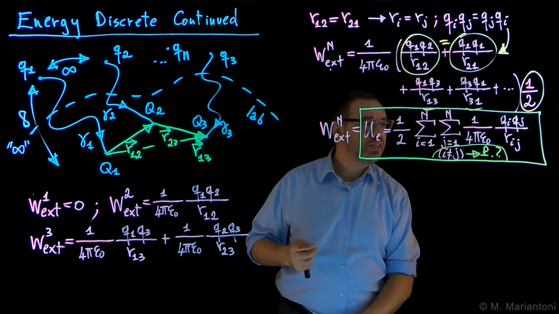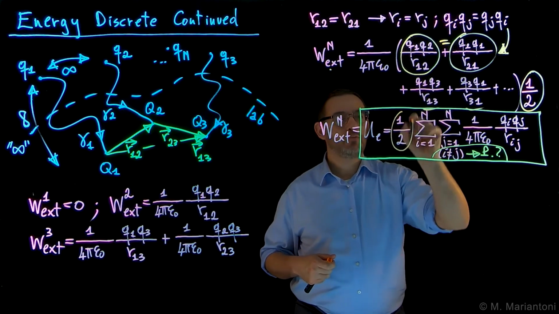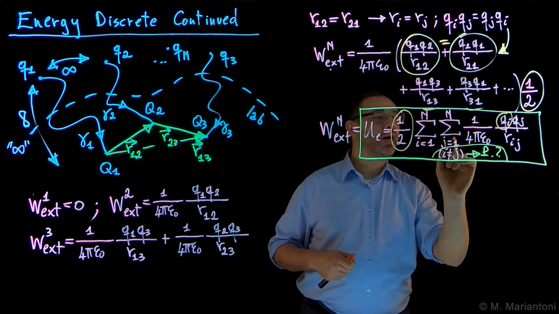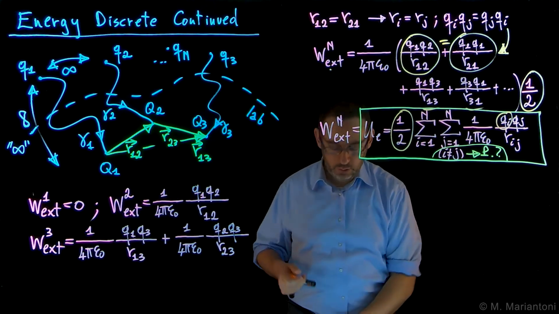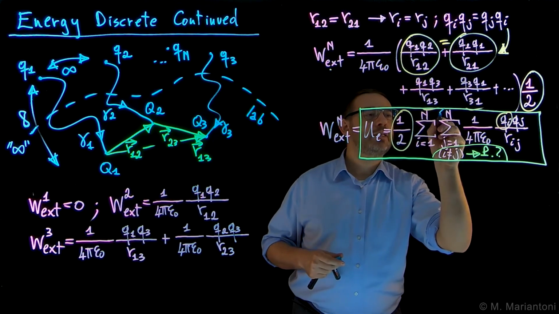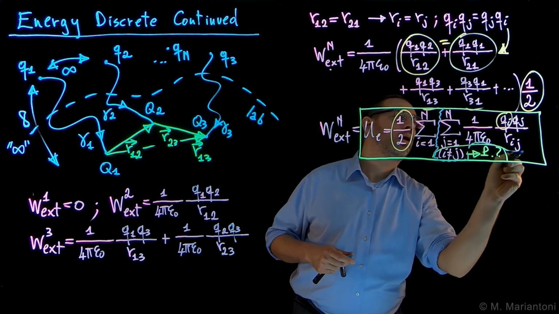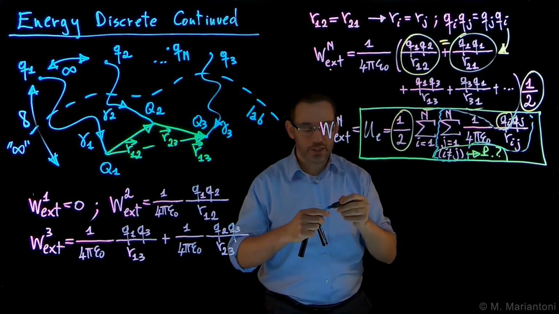So we notice that we can isolate, so we need to remember this factor of 1/2 always. We take this qi, and we isolate it outside so that we want to look at this sum, the sum on j, with i different than j, and 1 over 4 pi epsilon naught qj over rij.